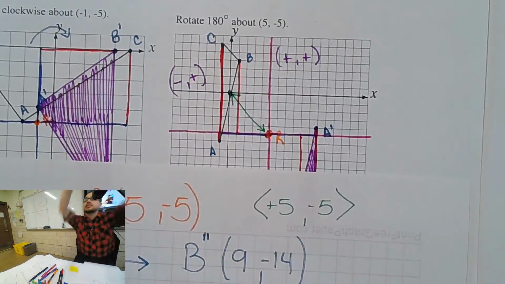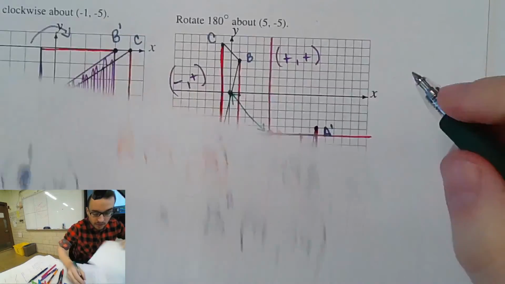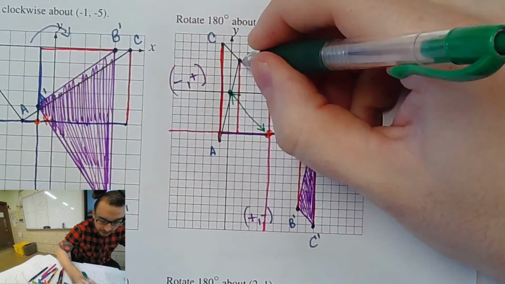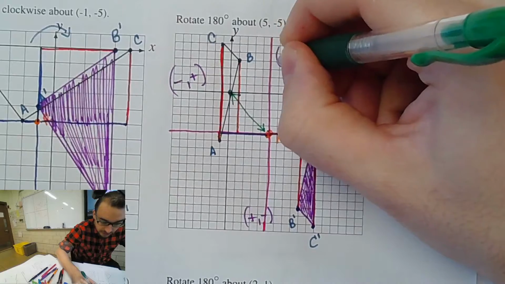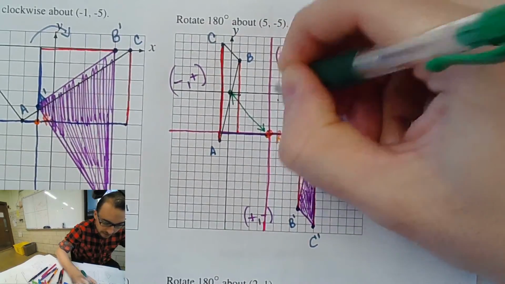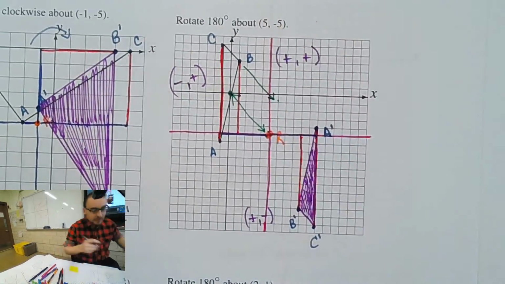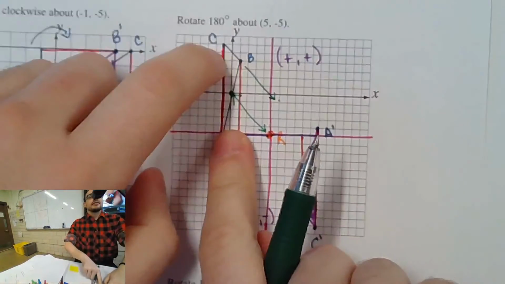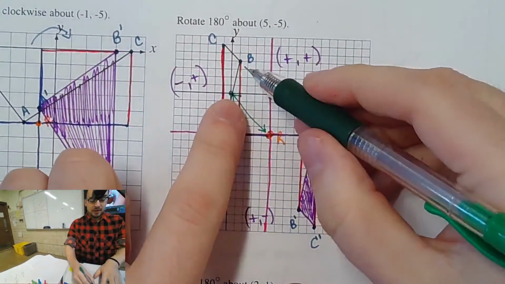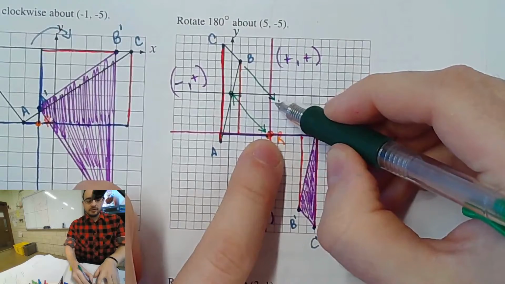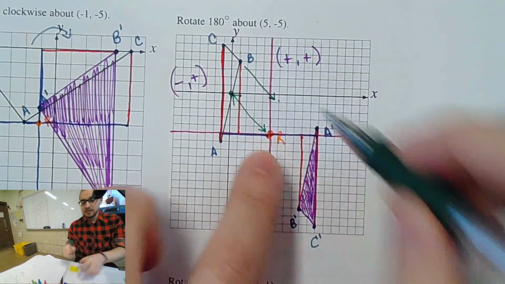That's the vector we're sliding by. Now when we do that, it shifts everything. So point B is also going to slide 5, 5. B is going to slide to here. Every point is going to have that happen to it, okay? I'm just illustrating with just B. Everything slides here now, right? And that gives B a new coordinate.